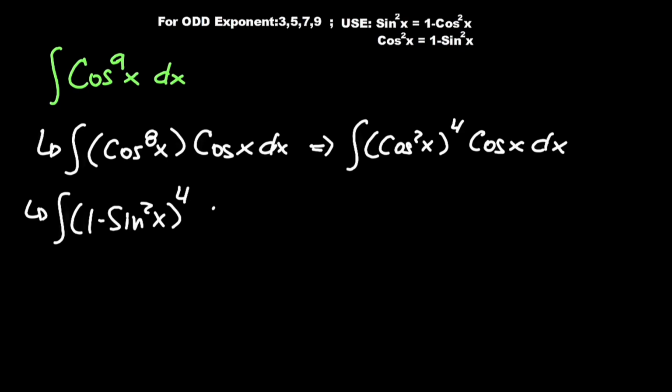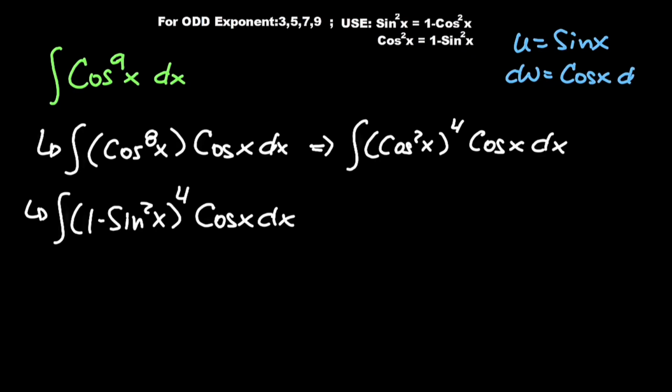And let u here be sin⁵x. Derivative of sin⁵x would be cosine⁵x dx. And so we would be having the integral of (1 minus u squared) to the power of 4 of du.